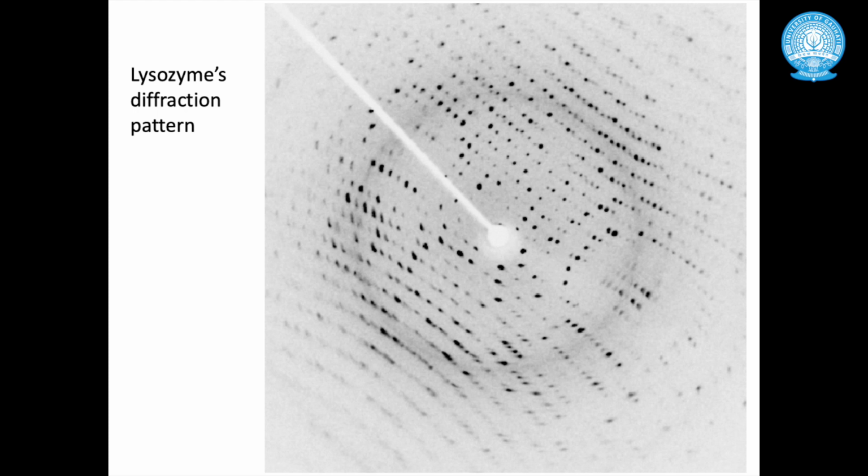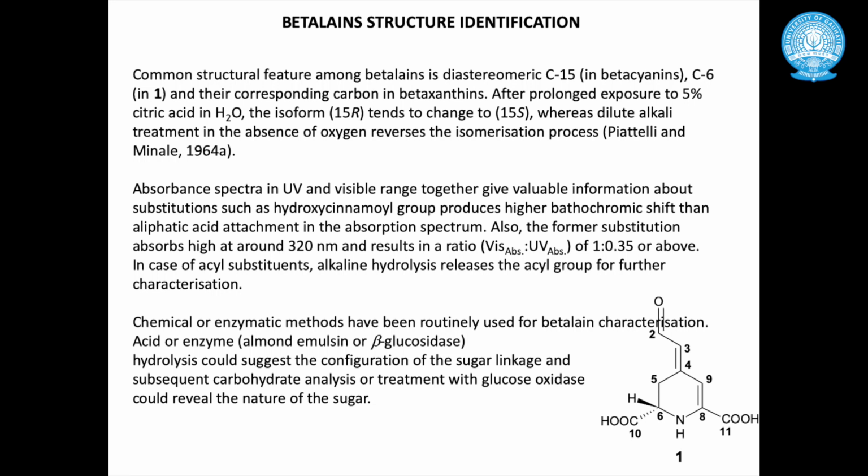Let me sum up. In order to characterize a compound's structure, in my lectures I mentioned gas chromatography, an HPLC instrument, and then gas chromatography or HPLC coupled with mass spectrometry. When we are not able to confirm the structure with these hyphenated technologies, we go to the next level, that is, we use NMR spectroscopy.